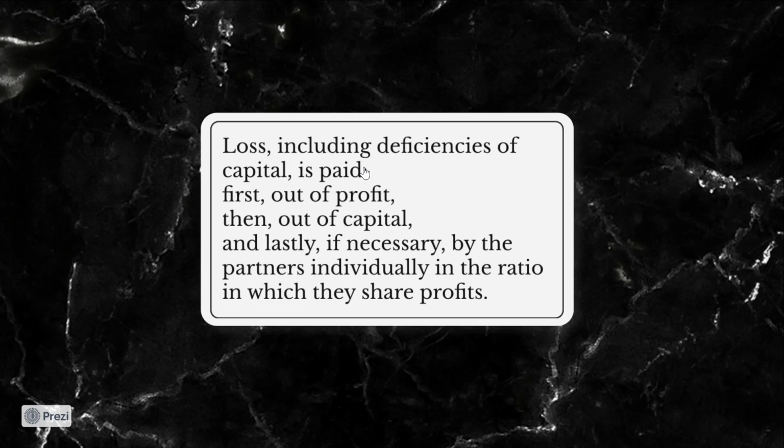So this means that we need to use the profits first to set off the loss, and then we can utilize the capital balances of the partners. And if we still need to set off the loss, the partners have to contribute individually in the ratio in which they share the profits.